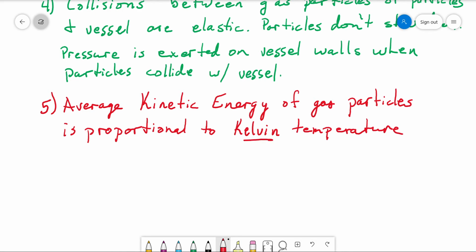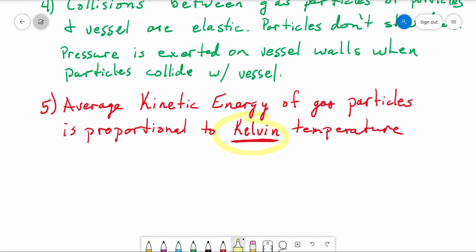And we always have to use Kelvin when we're dealing with gas laws. Never ever use Celsius with gases, okay? Because Celsius can give us negative values, and we cannot have negative values for things like pressure and volume, okay?